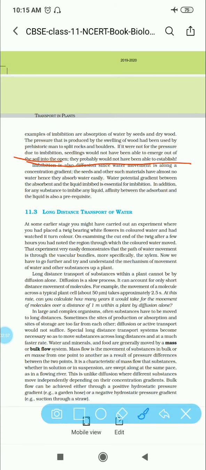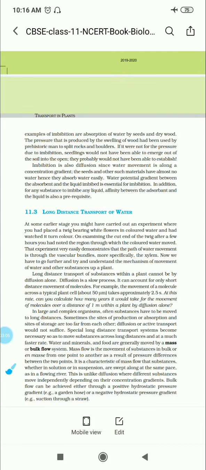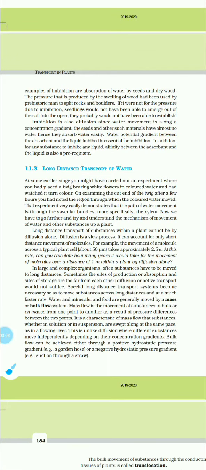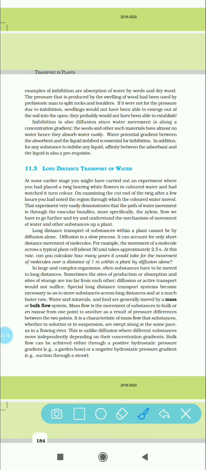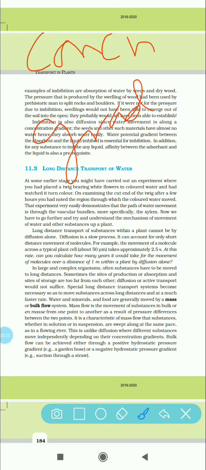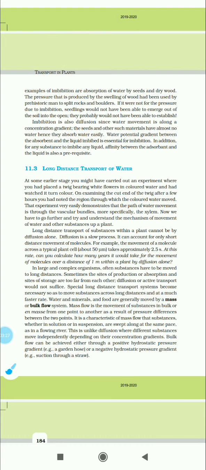Or when the germination happens. That germination and seedlings coming out of the soil can also be termed as a process resulting due to imbibition. Now, imbibition is also a diffusion. As I told you, the water movement happens along the concentration gradient. So imbibition is a movement which happens along the concentration gradient, remember that.